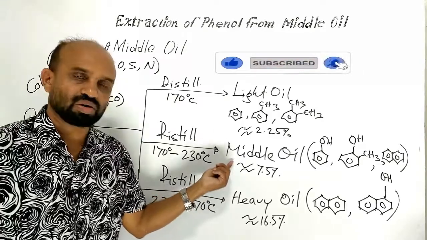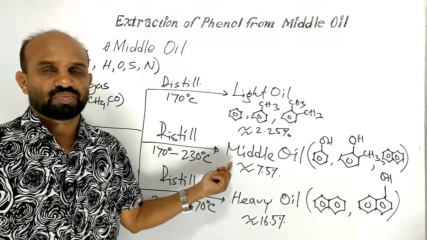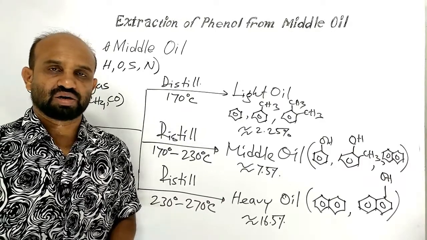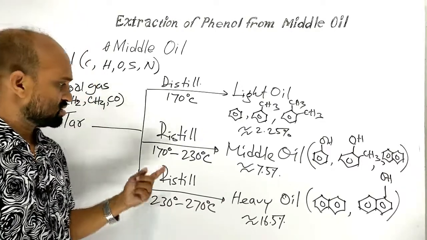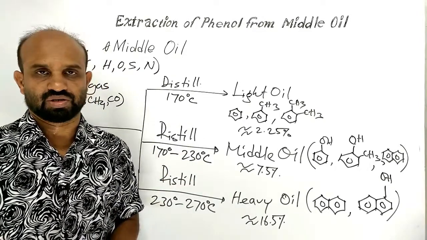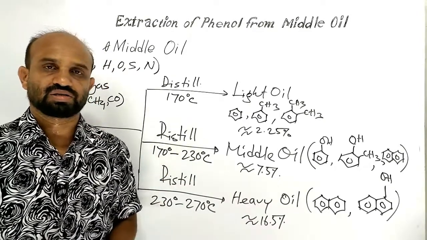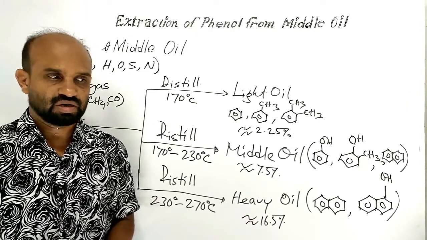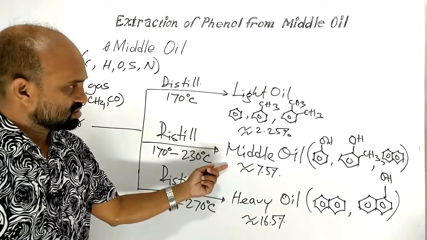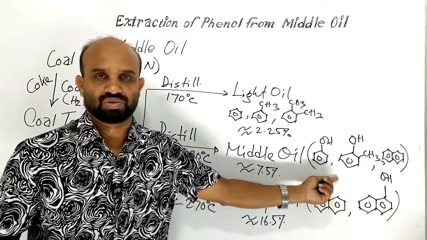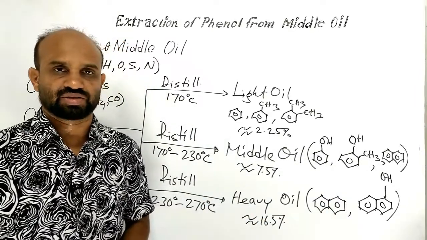So the definition of middle oil is a fraction of coal tar which is obtained after distillation at 170 degree to 230 degree Celsius temperature. Middle oil contains phenol, cresol, and naphthalene. Here the point is separation of phenol from other compounds. This is to be discussed here.